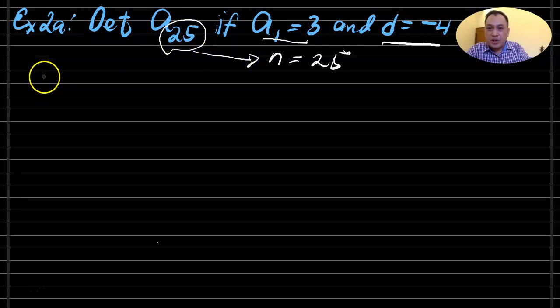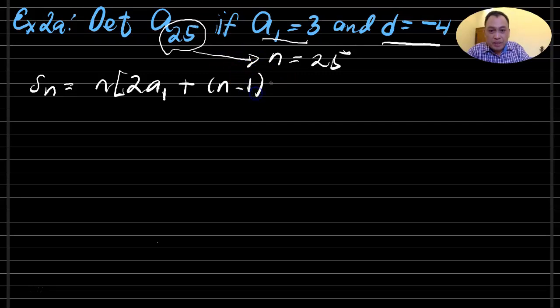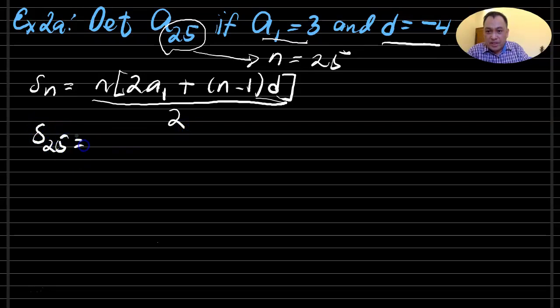So in this case, we are going to use our second formula, which is n over 2 times the quantity 2 times a1 plus n minus 1 multiplied by the d. Then let's divide that by 2. So S of 25 is now going to become 25, bracket 2 times 3.